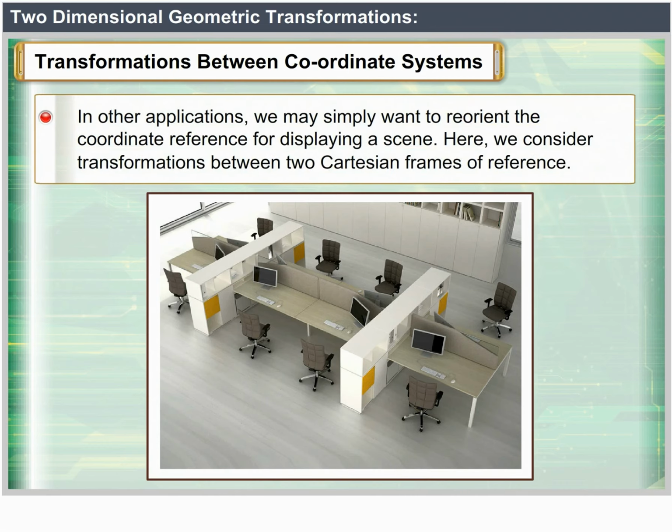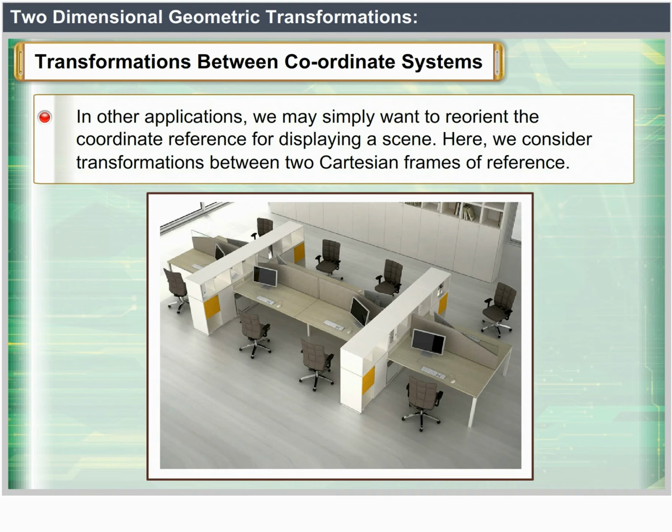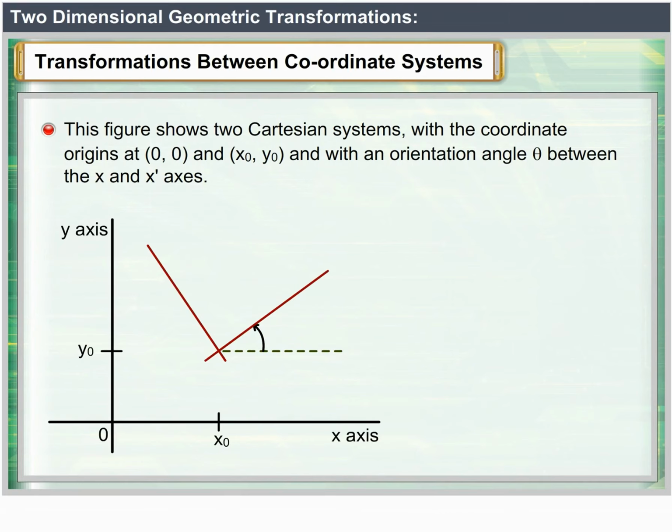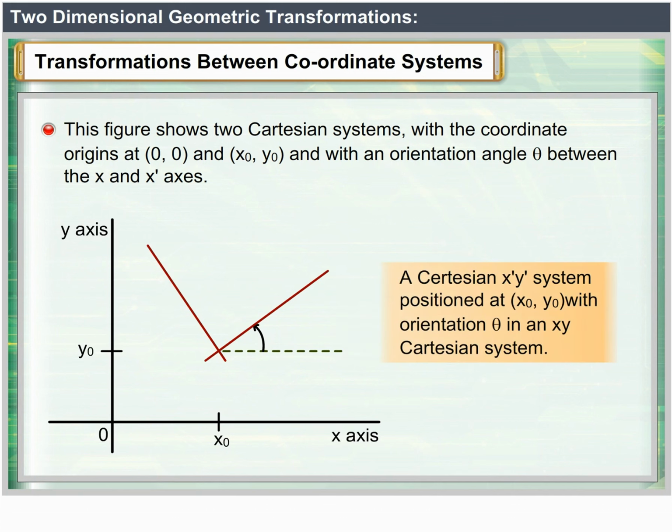This figure shows two Cartesian systems with the coordinate origins at 0, 0 and x0, y0 and with an orientation angle theta between the x and the x dash axes. To transform object descriptions from xy coordinates to the x'-y' axis onto the xy axis, this is done in two steps.